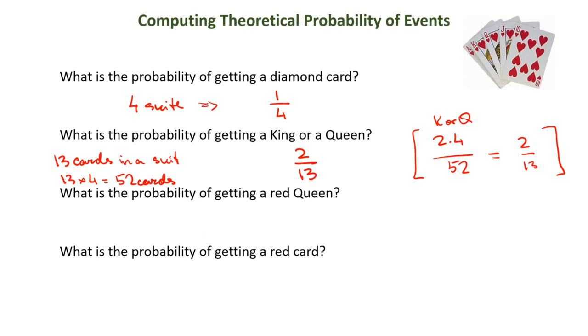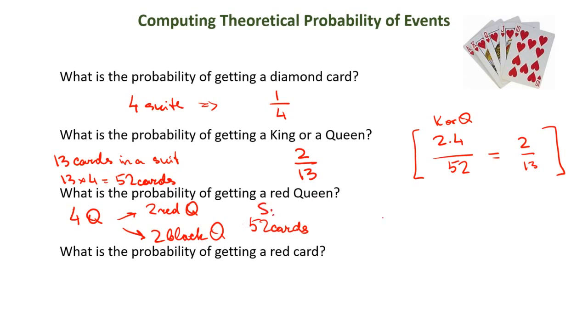What is the probability of getting a red queen? So there are 4 queens, 2 red queens, and 2 black queens. The sample space is 52 cards.